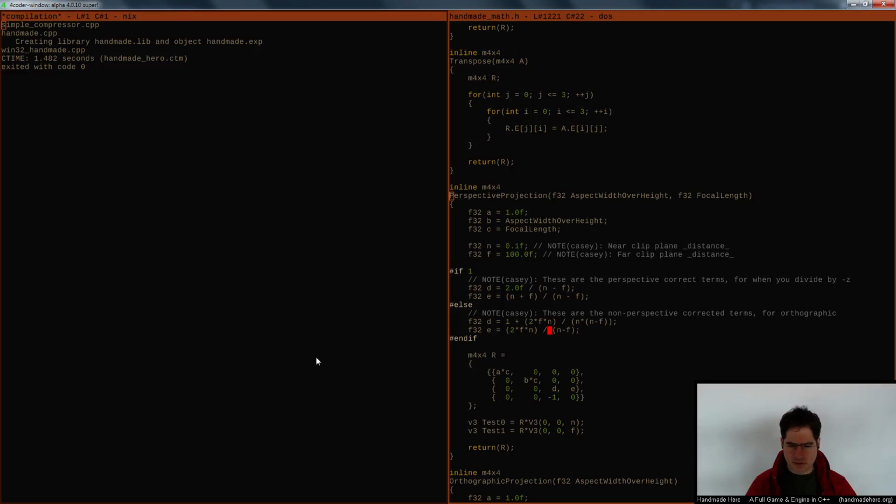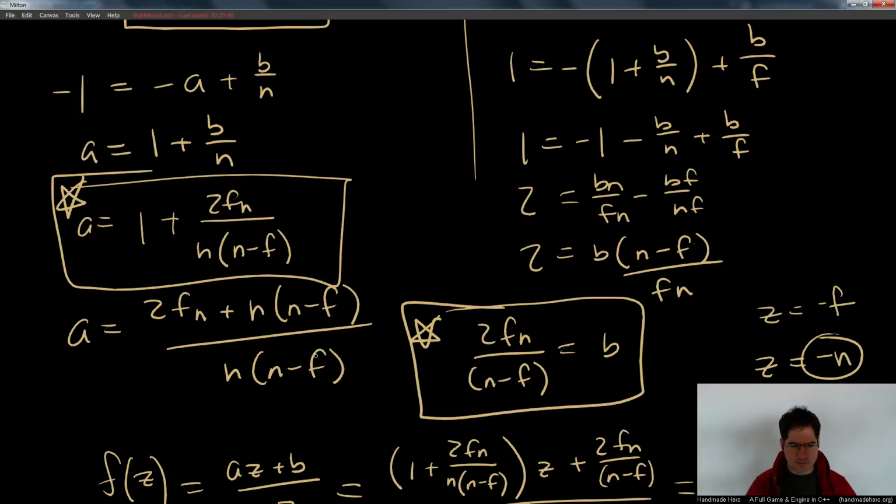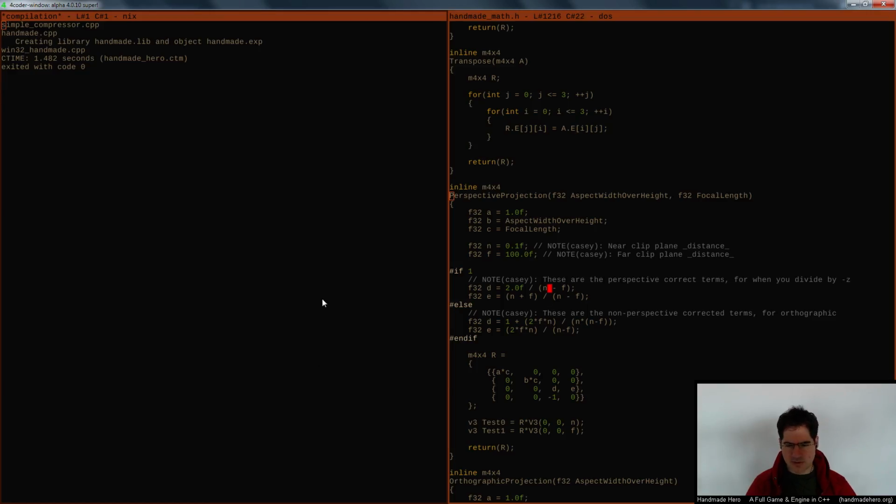So that all looks reasonable to me, but now that I'm looking over here, why do these look backwards? Did we label these incorrectly? These are the non-perspective corrected terms, it says, for orthographic.